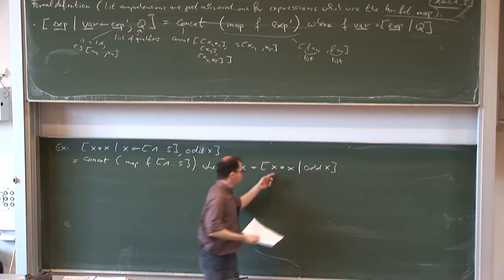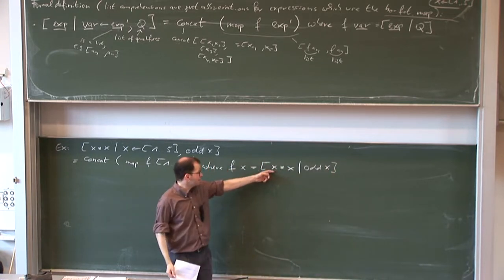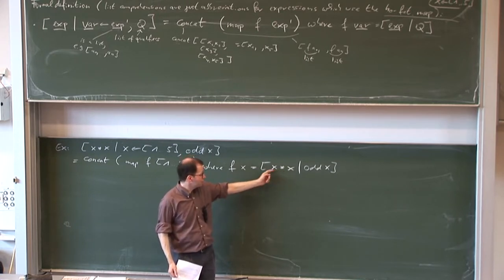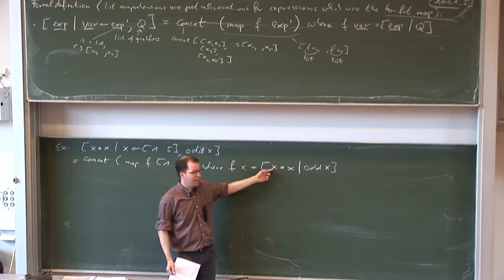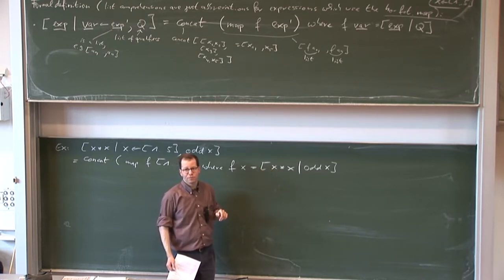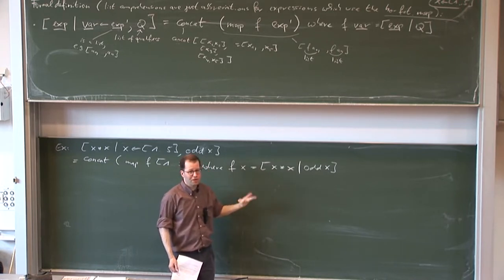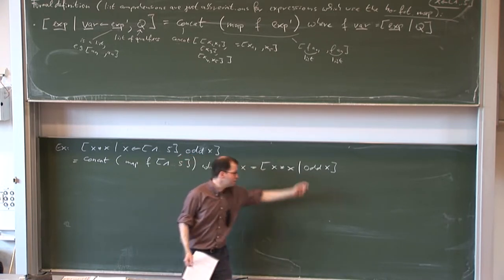So this is the list of all square numbers, of all expressions of the form x square where x is odd. So 1 square, 3 square, 5 square, 7 square, 9 square. It's an infinite list.